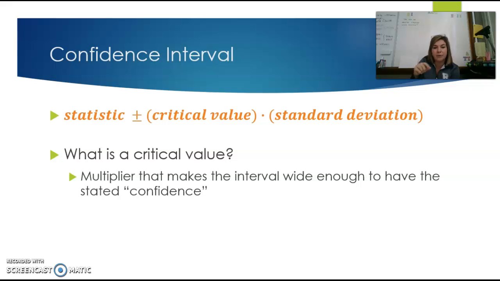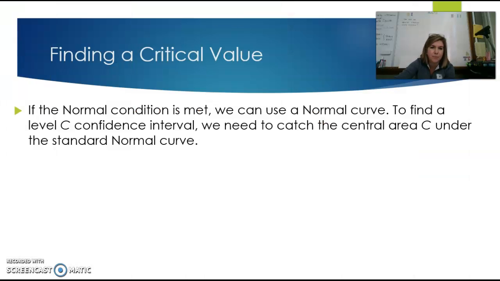A critical value is some multiplier. It's always going to be a constant that makes our interval wide enough to have a specific stated confidence. So it might be 95, 99, or 90. We're usually never less than 90% confident in something, at least not in statistics.